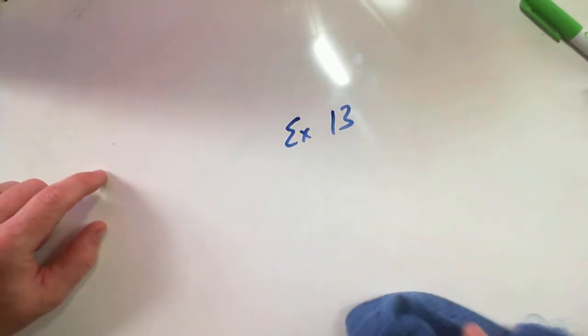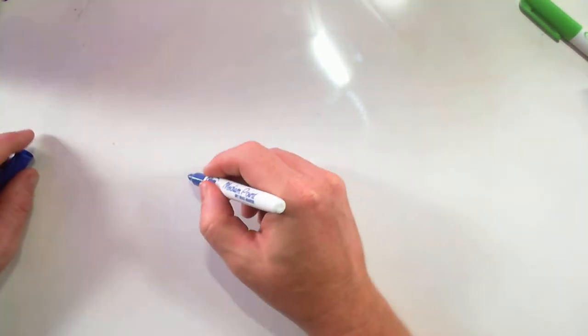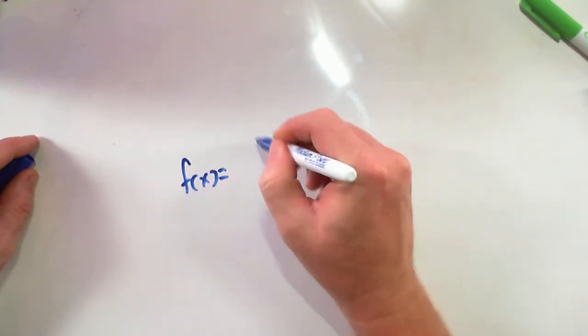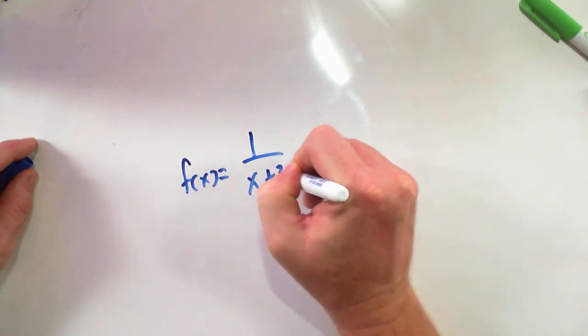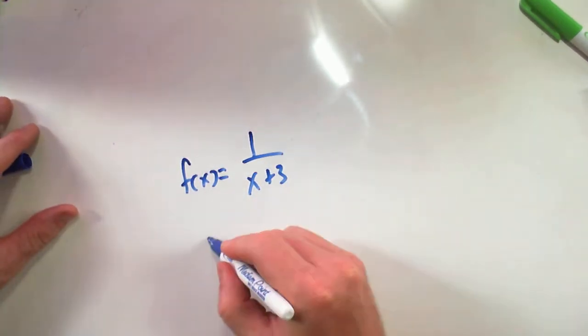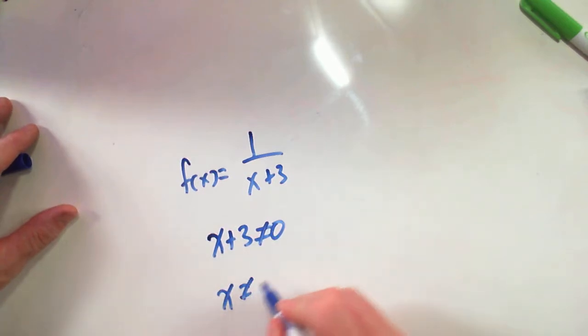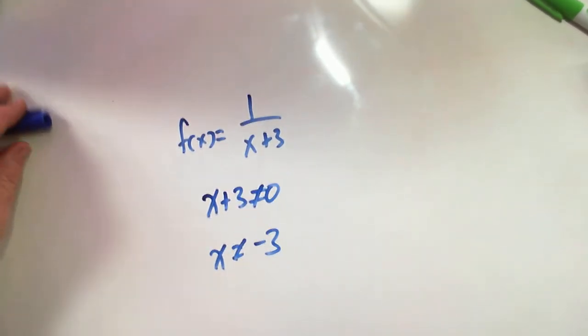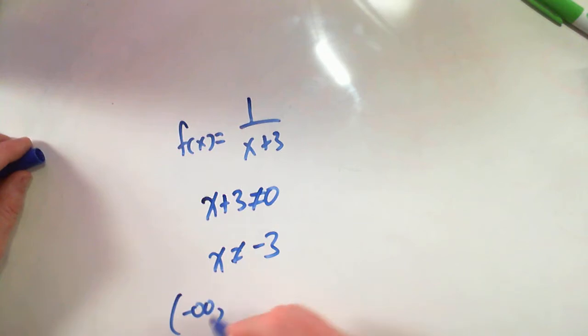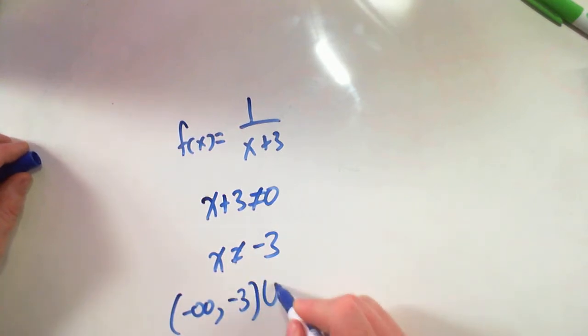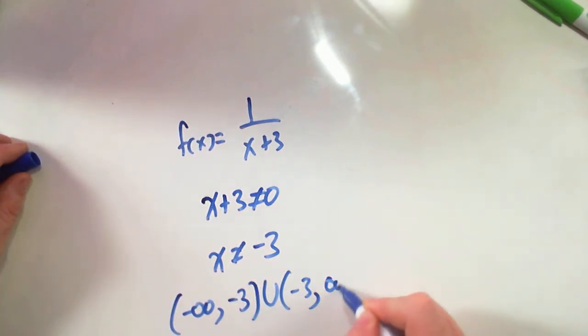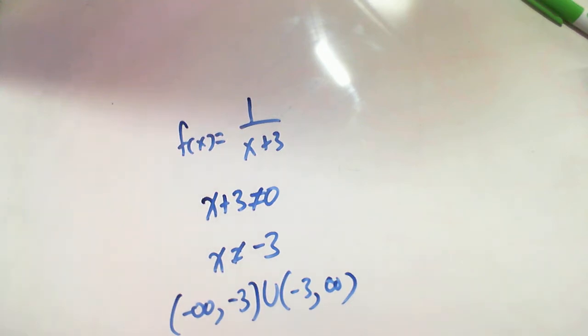Example 13 deals with the idea that you cannot have zeros in your denominator. So if you have f of x equals 1 over x plus 3, you set the denominator not equal to 0. That means that x cannot equal negative 3. So the full domain is just eliminating negative 3.